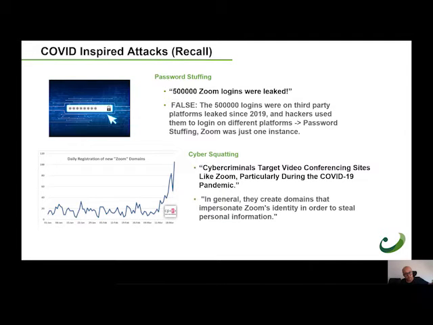The first example, when attackers used previously compromised passwords, it's the user who had, let's say, weak passwords on their own personal emails, and they use the same passwords on Zoom. Let's say another third-party application was hacked. They're using the same password here and there, and they were able to log into their Zoom accounts.